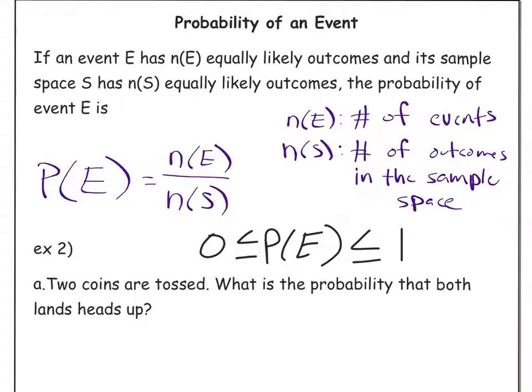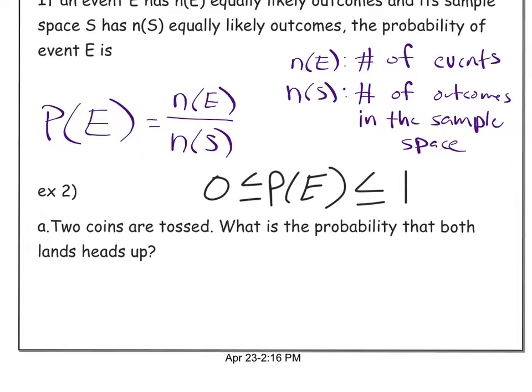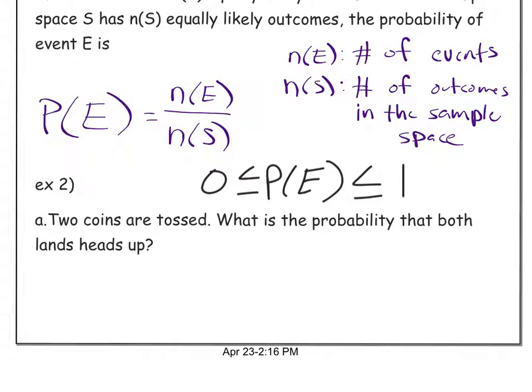So now, the next few I'm going to get into aren't going to be super complicated, but I want to make sure we're coming back to this definition. For example, we already generated the sample space for flipping 2 coins. What's the probability that both land heads up?